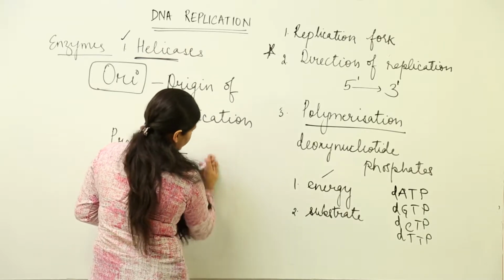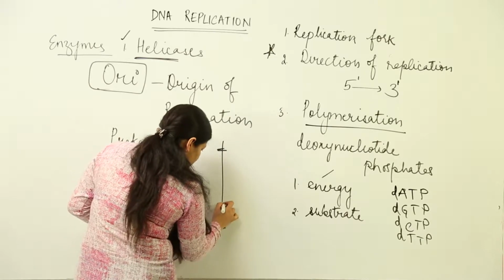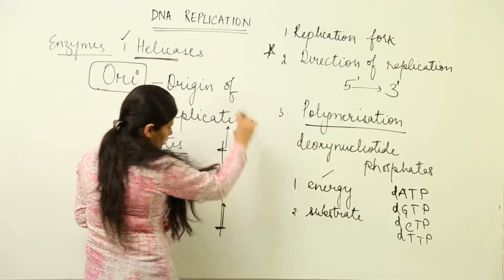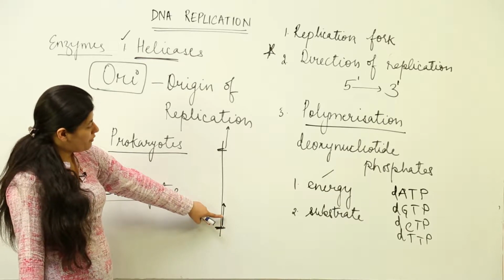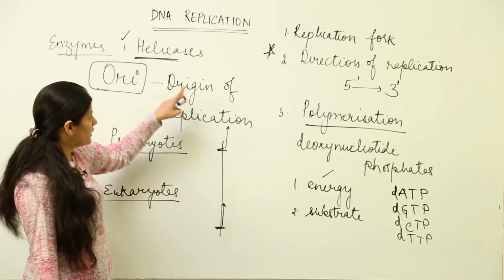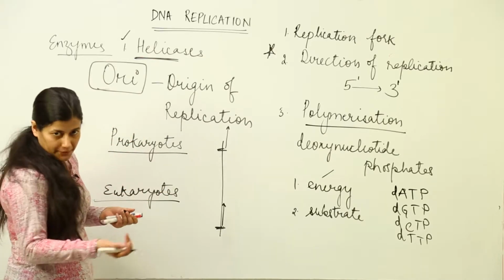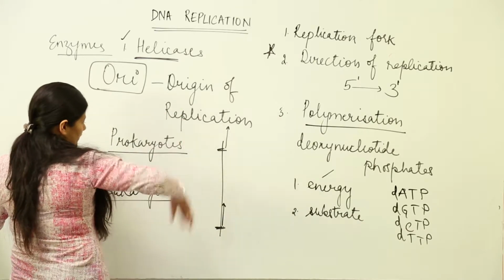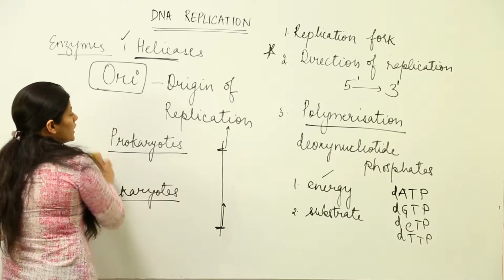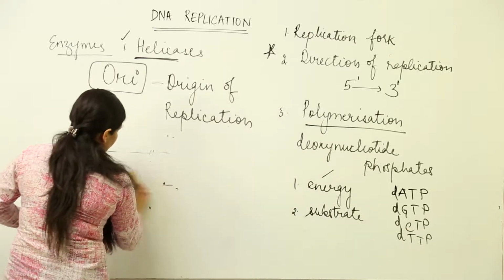Over the DNA, there would be this ORI, and in this direction, the replication would follow, alright. So we have many origins of replication, otherwise known as ORI. In the case of eukaryotes, they are many as compared to the prokaryotes, where in both the directions the replication begins. We are going to deal with replication in eukaryotes.